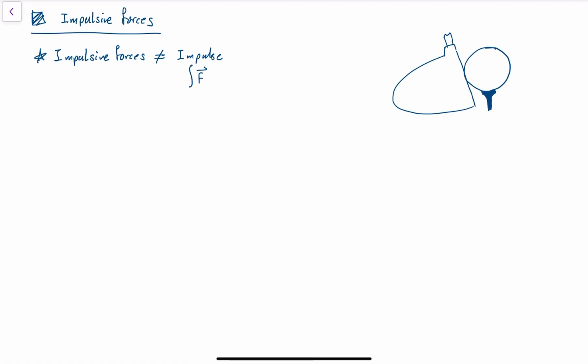We define it as the integral of force over time. This is impulse. It has a very well-defined definition, concept in physics, in mechanics. Impulsive force, on the other hand, is more colloquial with a looser definition, and it is absolutely unrelated to impulse. Well, very loosely related to impulse.